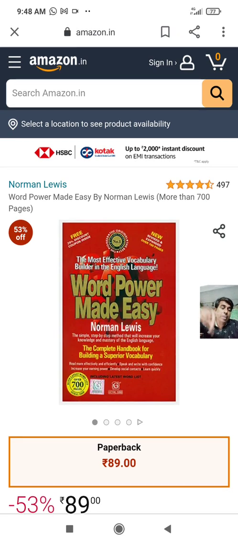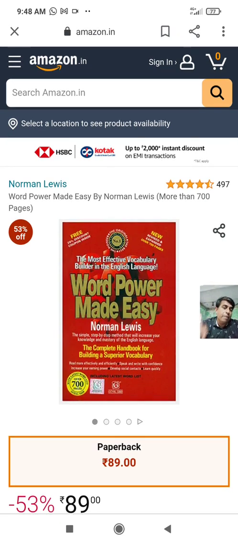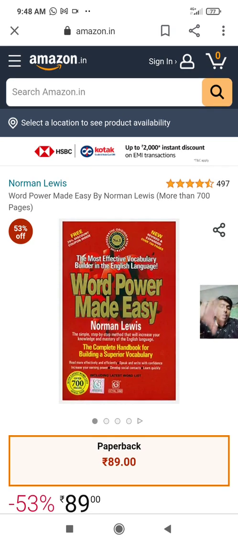How many single families, how many joint families? What other properties do they have? Are they doing jobs or businesses? Are they rich, below the poverty line, or at the middle or high level? All these things will be studied by the government before it implements a scheme.